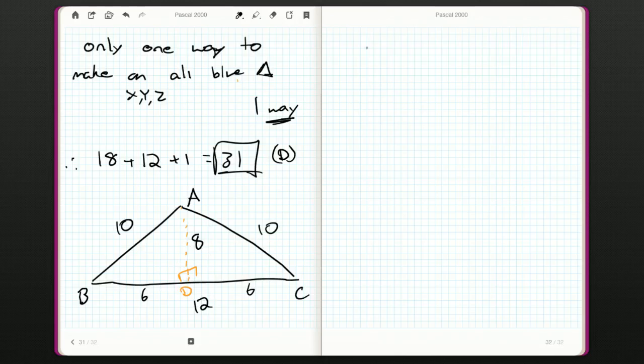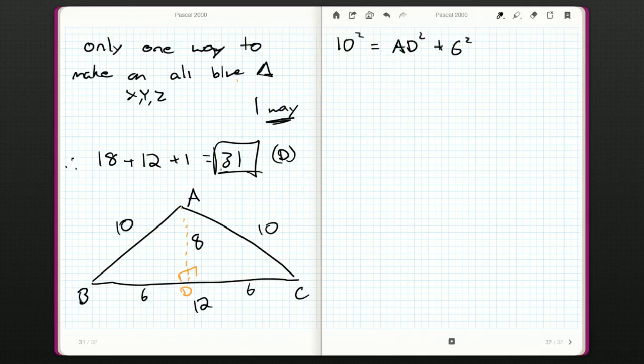Now, for those of you who are not aware of how this works, 10 squared is equal to AD squared plus 6 squared, just looking at ADC, this right angle triangle. So 100 is AD squared plus 36. So AD squared is 100 minus 36, which is 64.